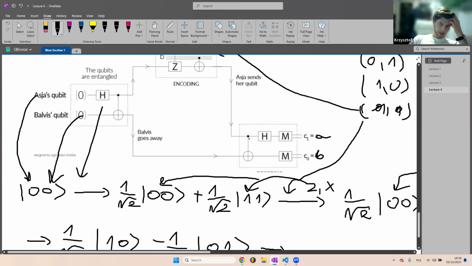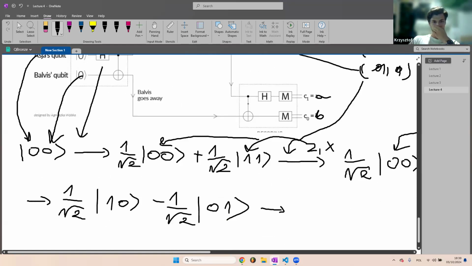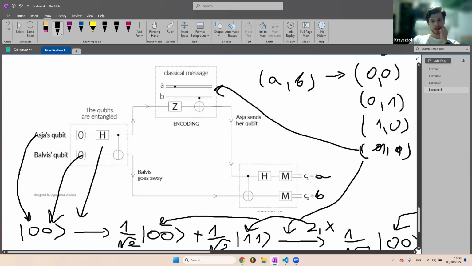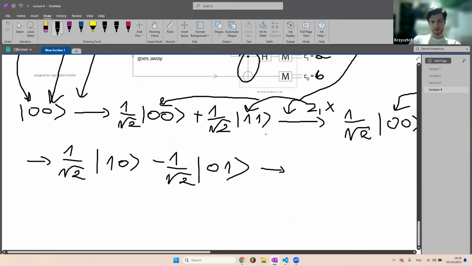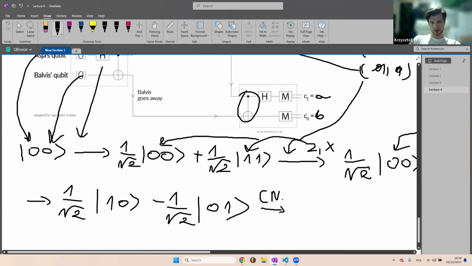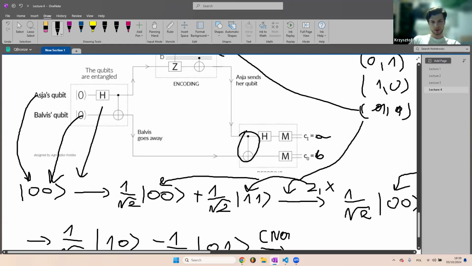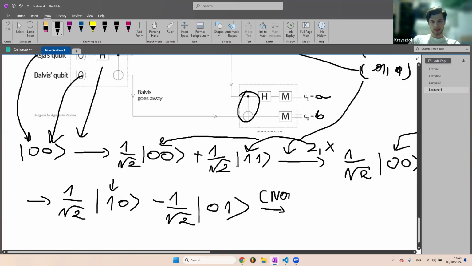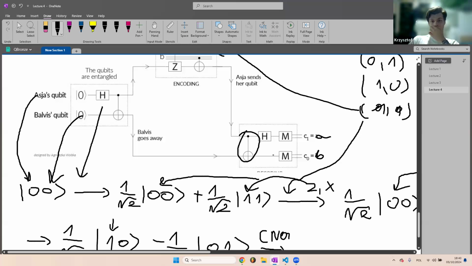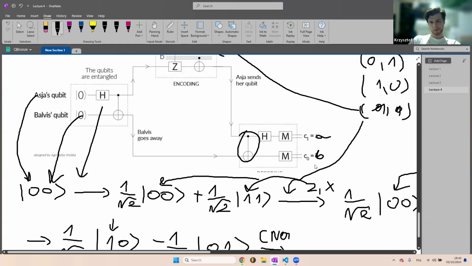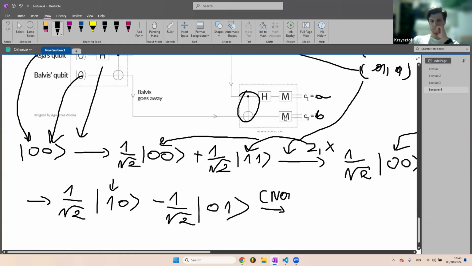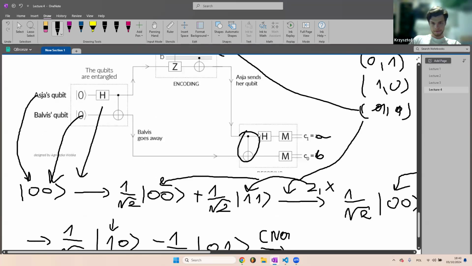Okay, and now we have another controlled NOT. So now Alice sends her qubit back, and we apply another controlled NOT. Here also, the first qubit will be the control, and the second qubit will be the target.